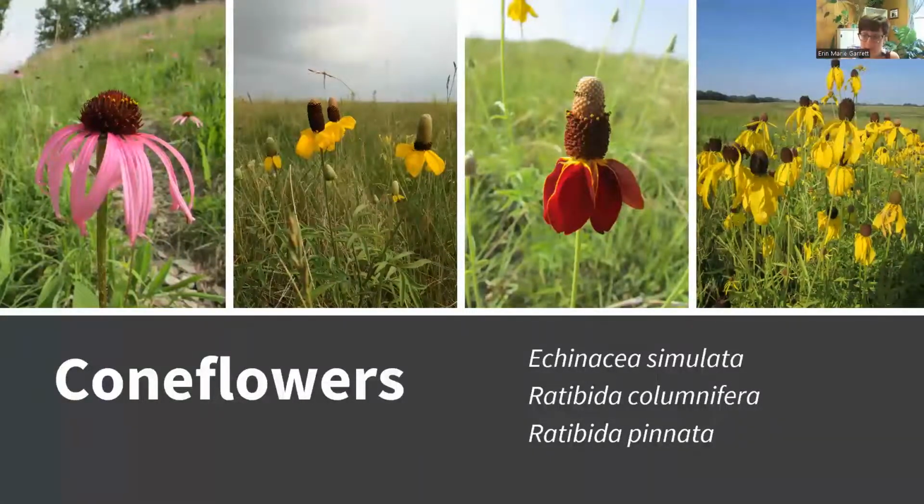And then on the right, we have another coneflower, Ratibida pinnata. Okay, so I gave you 4 pictures, but it's actually only 3 species. If you look at the Latin names, you'll notice that they're in different genera. So just because they're all referred to as coneflowers doesn't mean that they're all related to the same degree to one another. We would cut out this glade coneflower by itself, and the others are more closely related to each other.